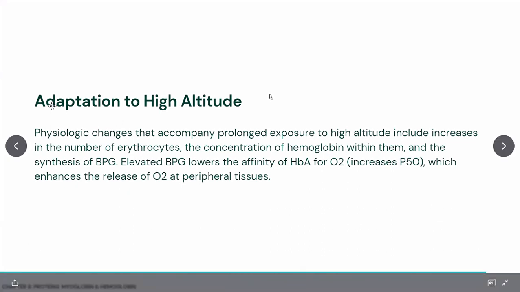And when you come down into the lowlands, if you are a fair-skinned individual, it shows that you are flushing in your face because of the high erythrocyte content. There's an increased number of erythrocytes, and there's so much oxygen in the lowland compared to the highlands.